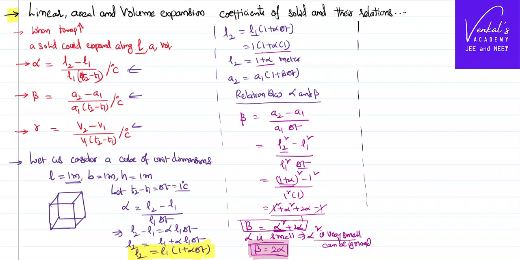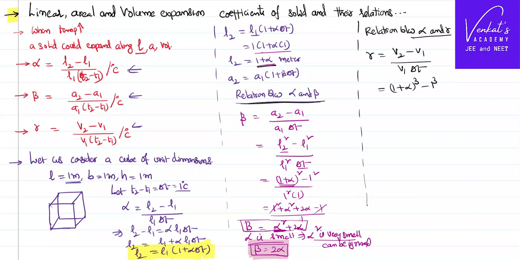Similarly, not only a relation between alpha and beta, we can also find a relation between alpha and gamma, the volume expansion, by taking the definition of gamma as the ratio of increase in the volume to its original volume per 1 degree centigrade rise in temperature. In the place of V2, I can write (1 plus alpha) whole cube, L2 cube, where L2 equals 1 plus alpha.